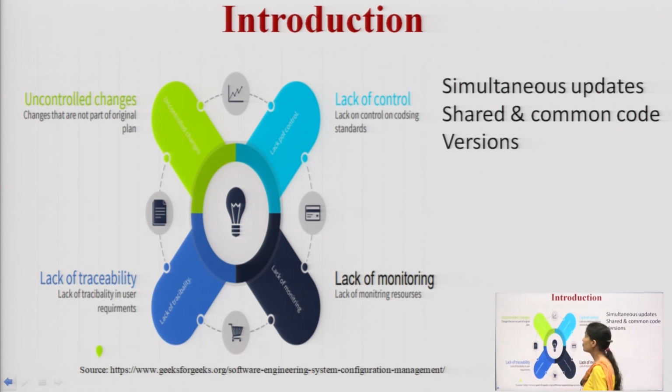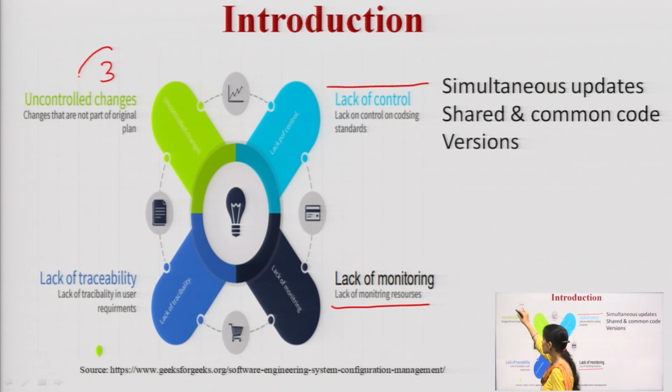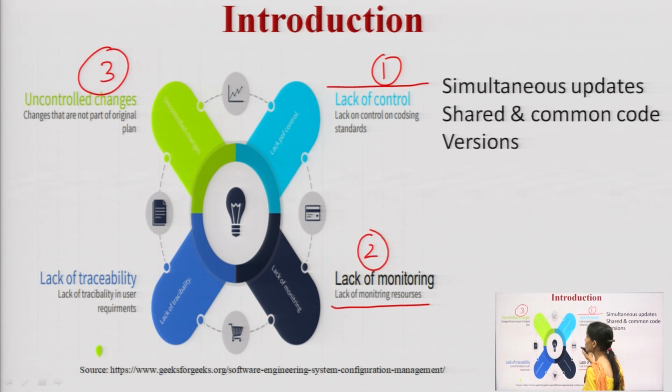As we know, once the software is in operational stage, it suffers from different kinds of problems. There can be a lack of control, means lack of control on different coding standards. Then there can be lack of monitoring, means the resources are not being monitored properly. Third, there can be uncontrolled changes, that is the changes are not being done as per the original plan. Sometimes there can be some runtime changes.